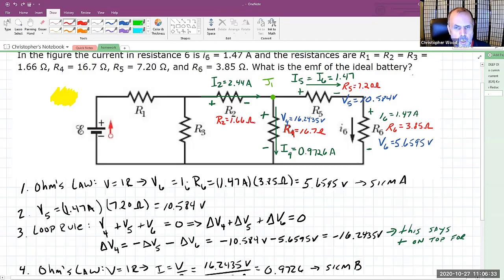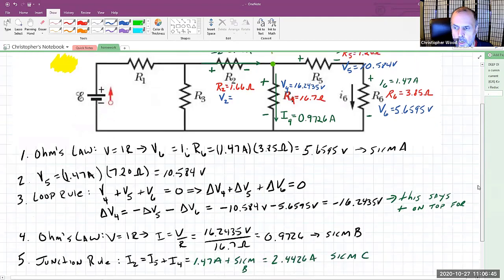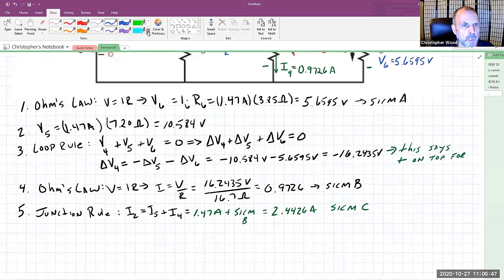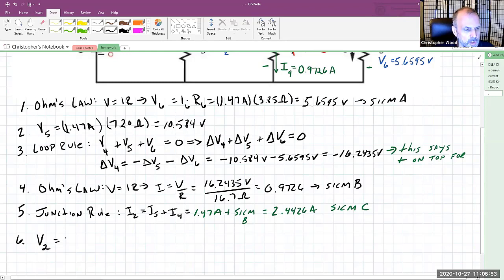And let's use Ohm's law. All right, so blue for voltage, V2 equals IR. You can do that right now, but I'll fight the good fight and do it. The voltage across resistor 2 is the current going through resistor 2 times the value of resistor 2.